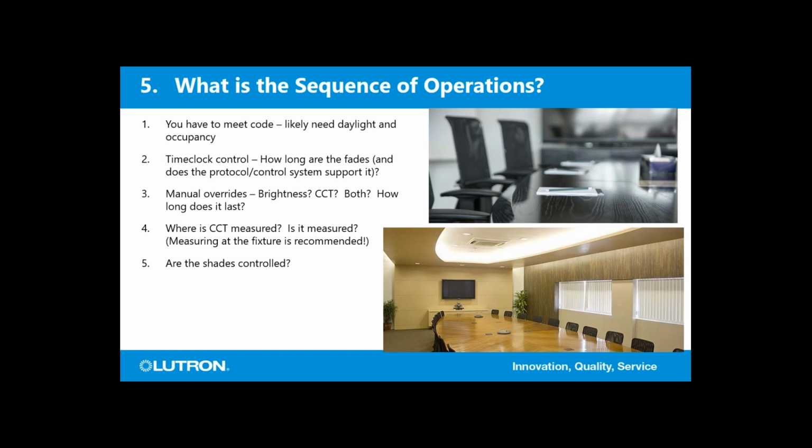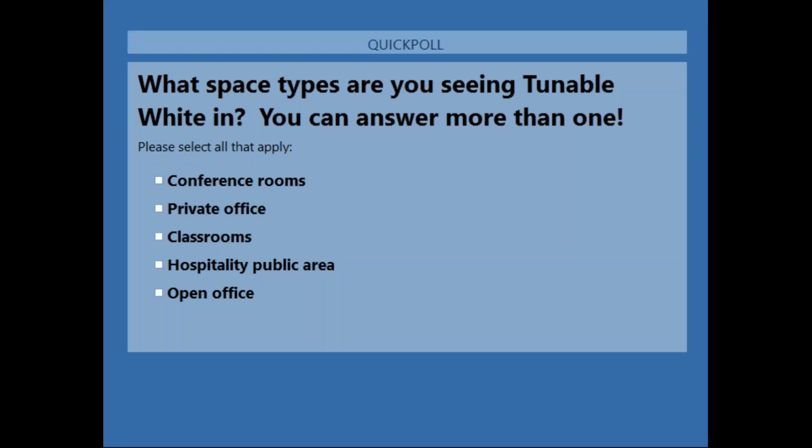So I want to do a quick poll, and then Craig's going to go through an example of a patient room sequence of operations and some of the considerations. So this poll is, what space types are you seeing tunable white in? And you can answer more than one.